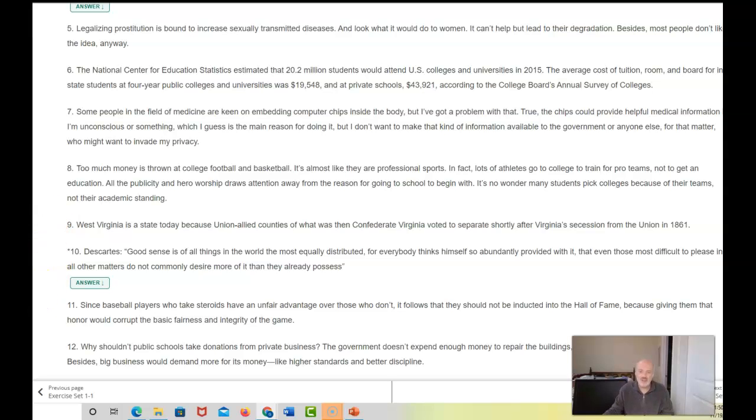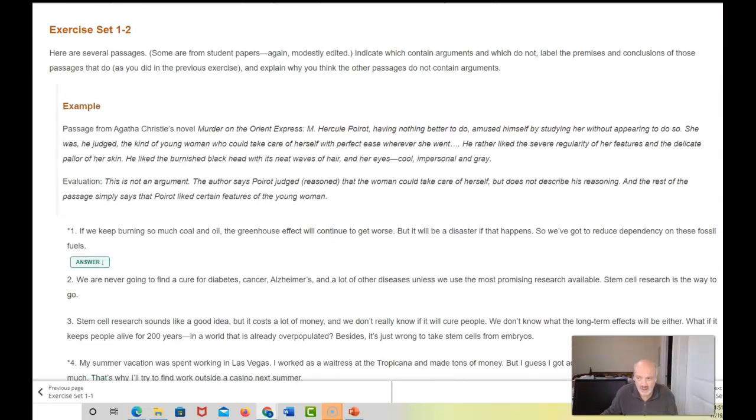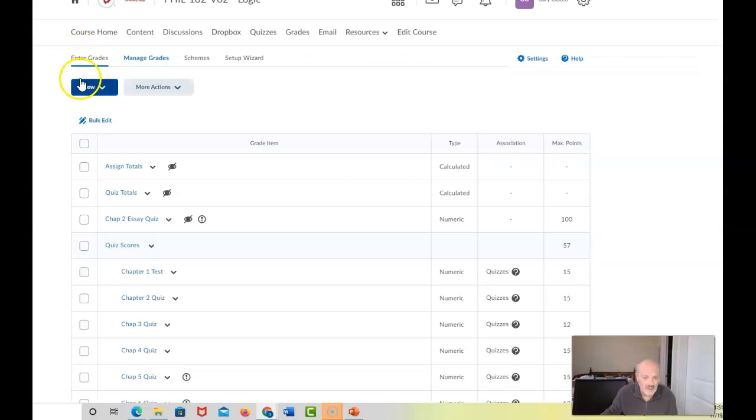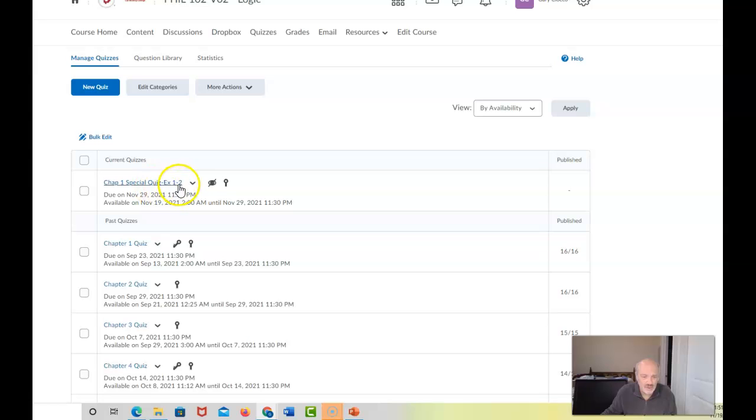So again, the entire quiz is identifying arguments. So just a quick reminder of the format of it, because it is somewhat unique, and I will show it to you.